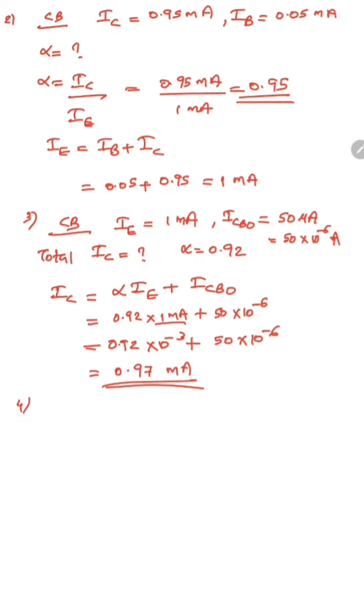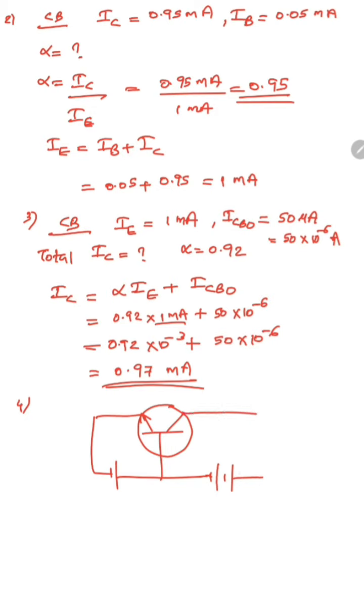In the fourth question, you have been given a circuit. This is an NPN transistor with the input forward biased, and this is the output. You have been given the output resistance, 2 kilo ohm, and the output voltage, 2 volt.